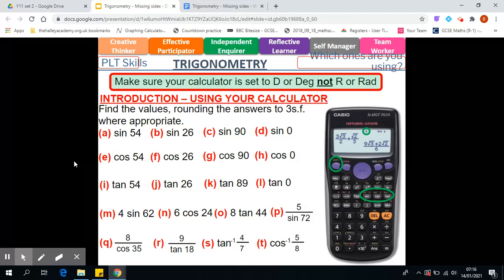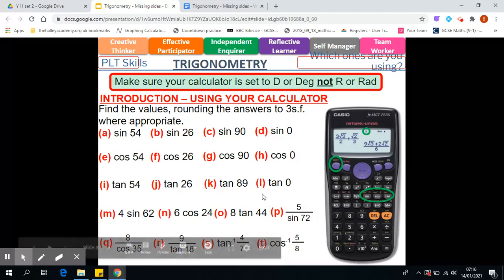Press pause and attempt the question on a piece of paper or exercise book. Once completed, press play to check your answers. Remember, use the fraction button for 5 over sine 72 if you don't have a calculator.